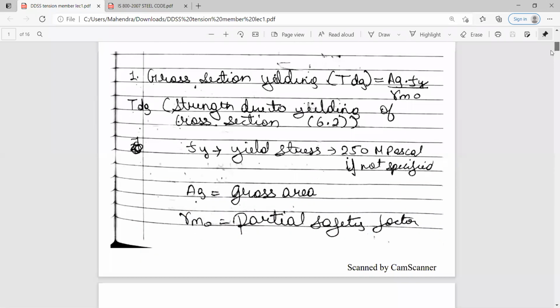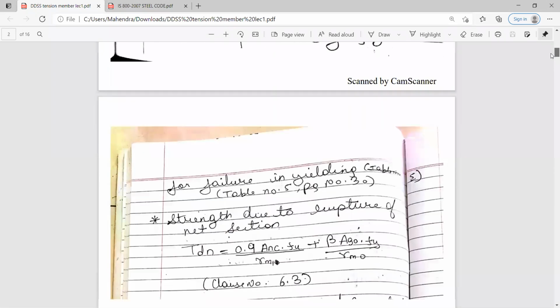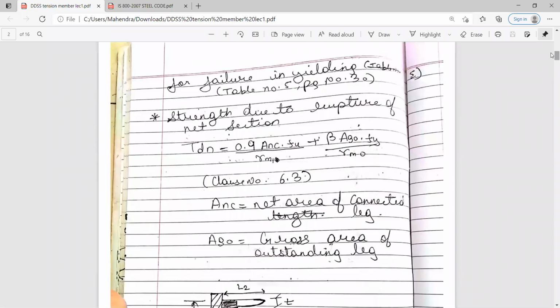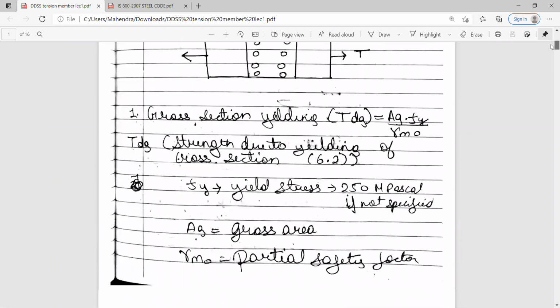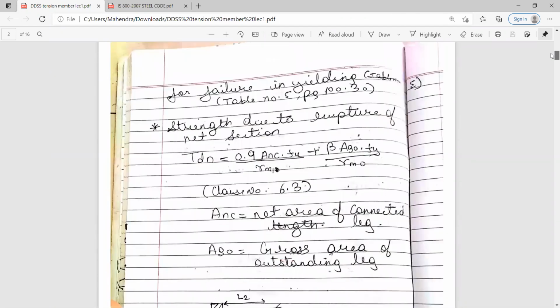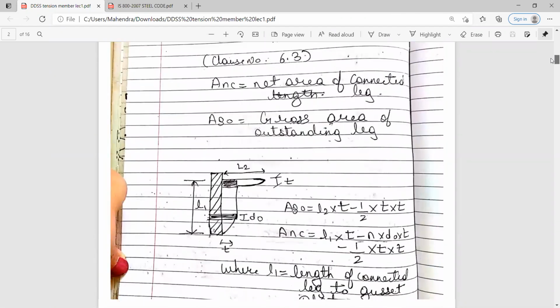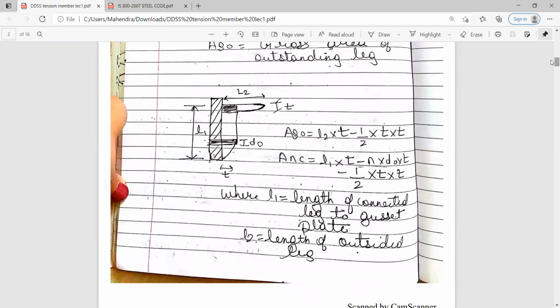These formulas are there in your IS code: the strength due to rupture of the net section as well as the gross section yielding. The formula for TDG is also given in the IS code. The formula for TDN is given in the IS code on page number 32. So these area formulas are not there in the code.